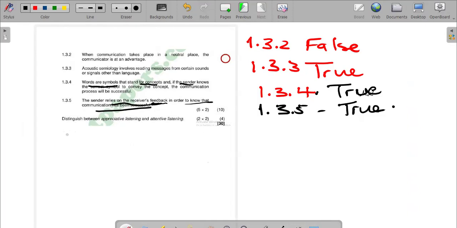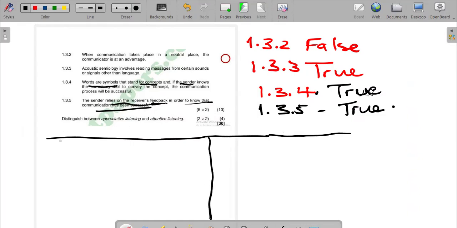question, which reads, distinguish between appreciative listening and attentive listening. So it is very good, if you are distinguishing, you can draw a what? A table. You can draw a table to distinguish the difference.